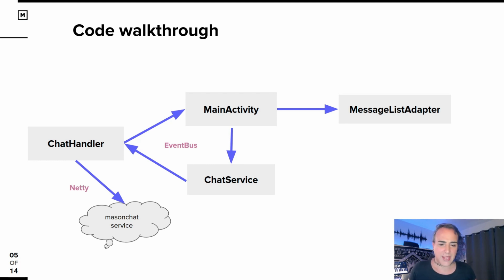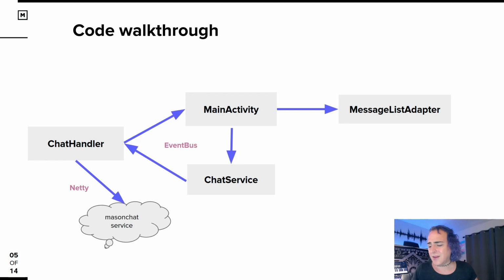To facilitate communication between the different components, we're going to use Green Robot's event bus. Now, you can do this without event bus, and that's how I originally implemented it. But what I found was I had to implement a handler thread, and I had to implement multiple handlers in different places to be able to pass data in real time from the chat service to the chat handler, and to pass messages from the main activity to the chat handler.